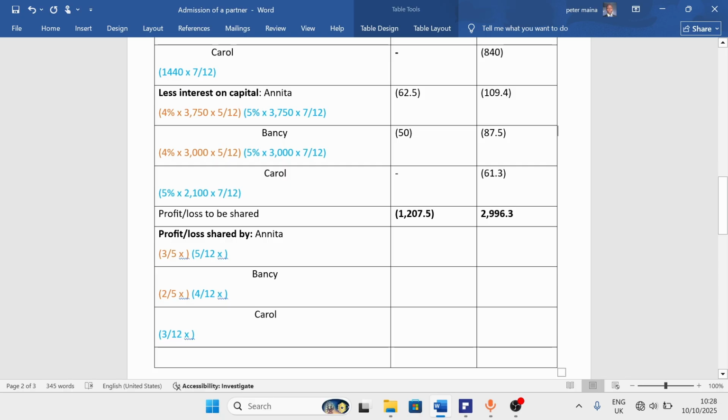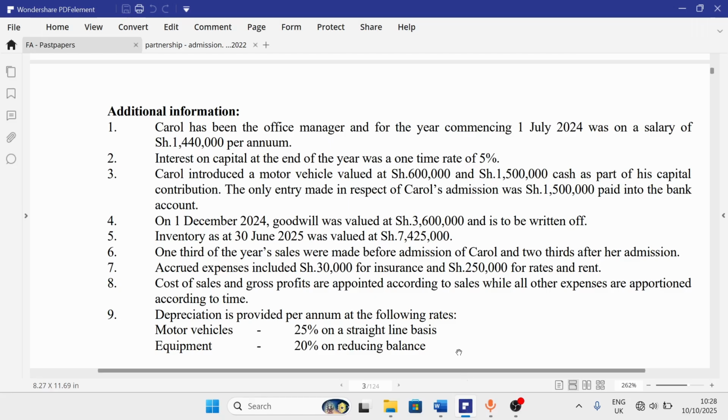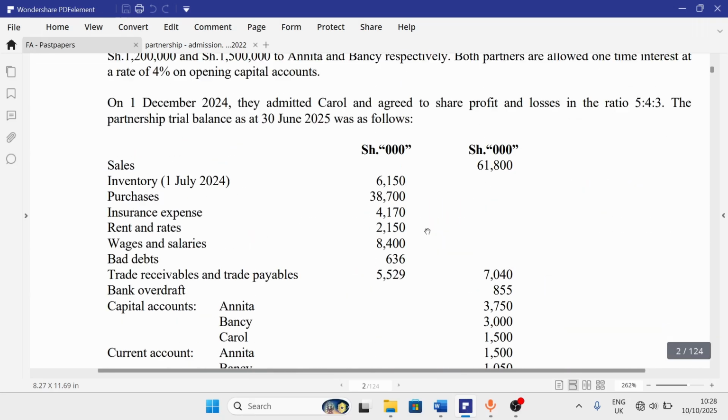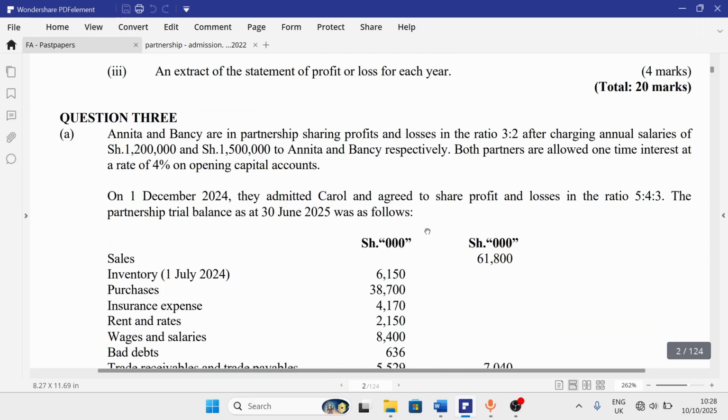So therefore, to share the loss in the first period, we are going to use the old profit and loss sharing ratio before Carol was admitted. So let us find out what the ratio was. The ratio was given in the first paragraph, where it says Anita and Bansi are in partnership sharing profits and losses in the ratio 3:2. So that loss will be shared using that ratio.